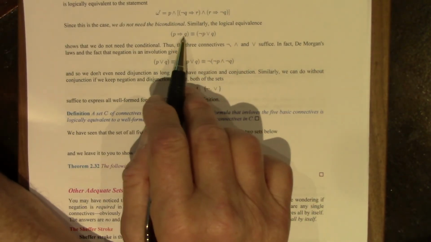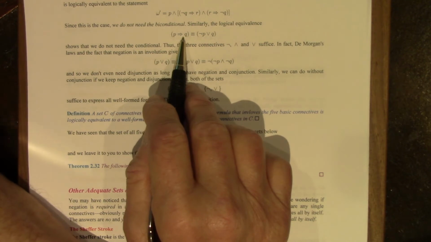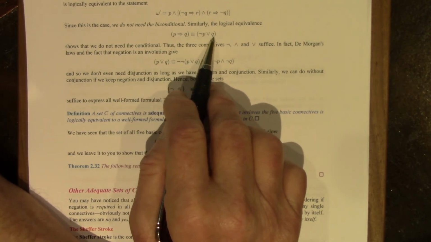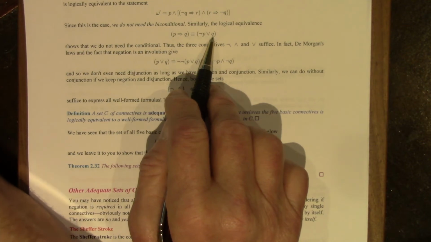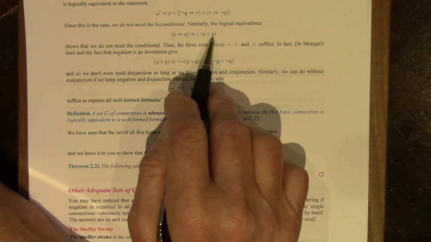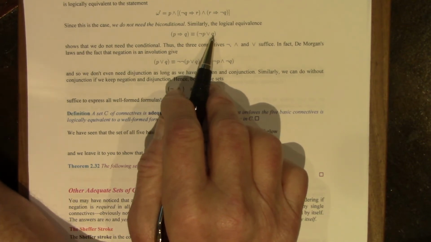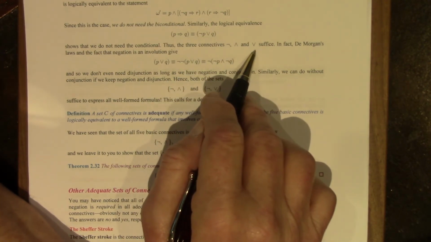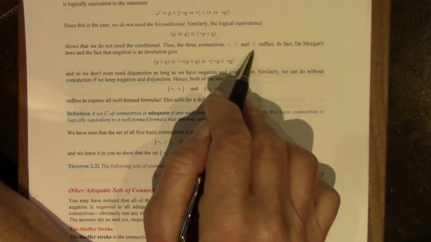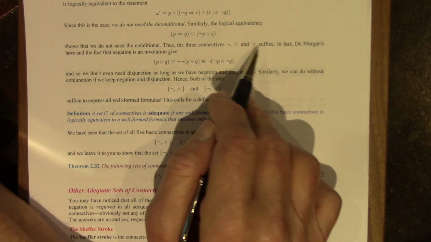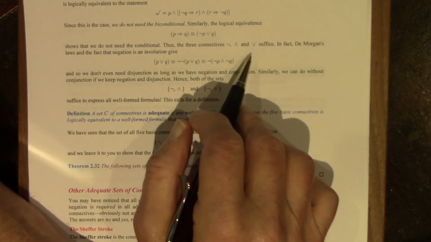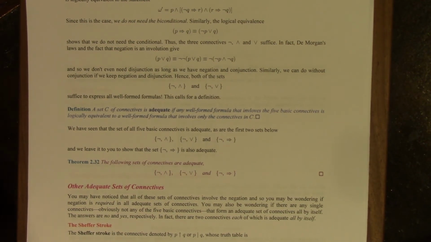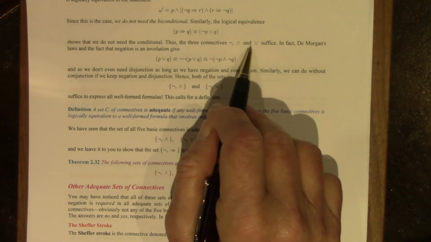Similarly, this conditional, as we've seen before, is logically equivalent to this well-formed formula, so we don't even need the conditional. We can toss both the biconditional and the conditional and come down to three connectives that would suffice to construct all possible logical structures. In other words, you get all the well-formed formulas we need from just these three connectives.